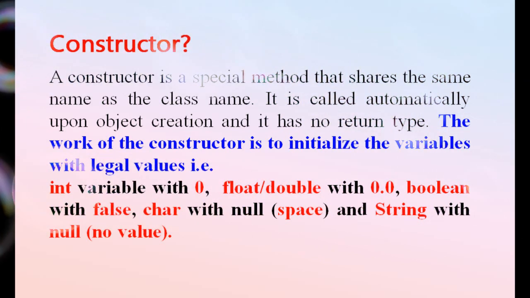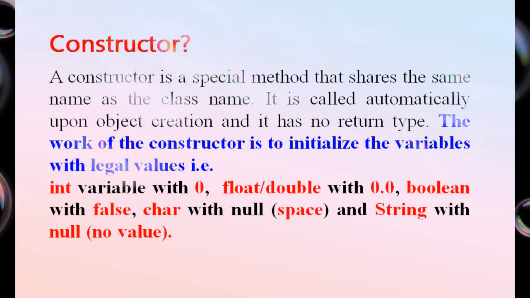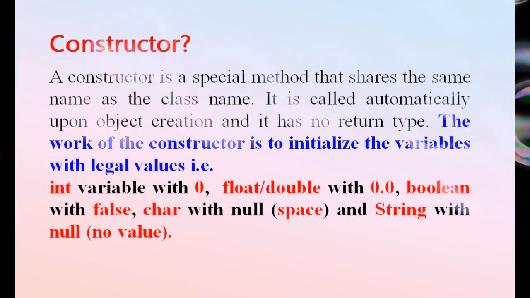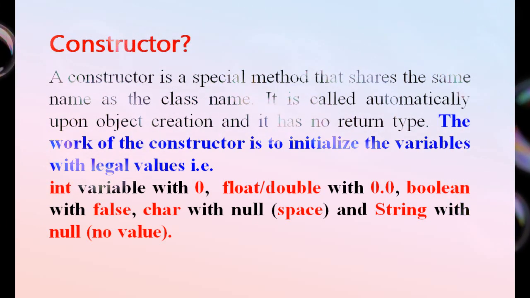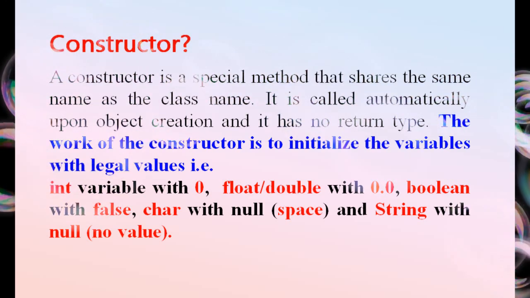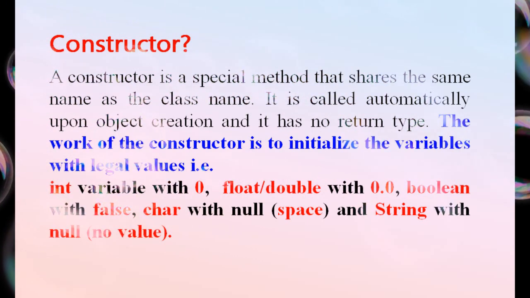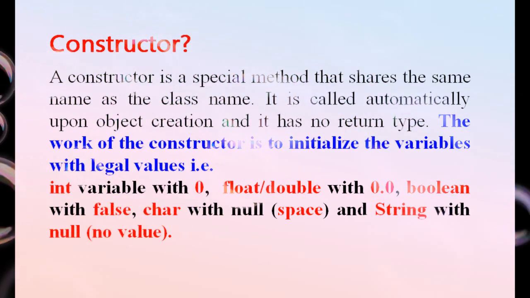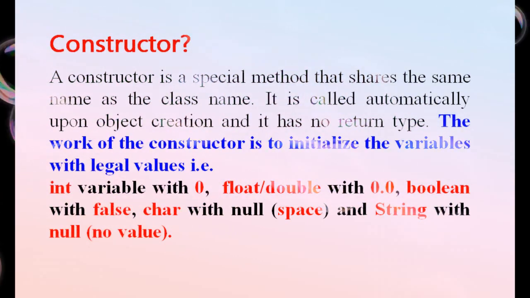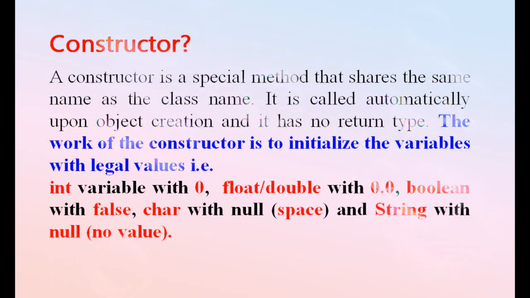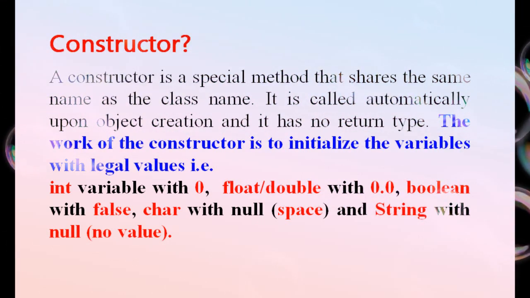For example, the integer variables will be initialized with zeros, floating point with 0.0, boolean with false, char with null, that is space, and string with null, which means no value.